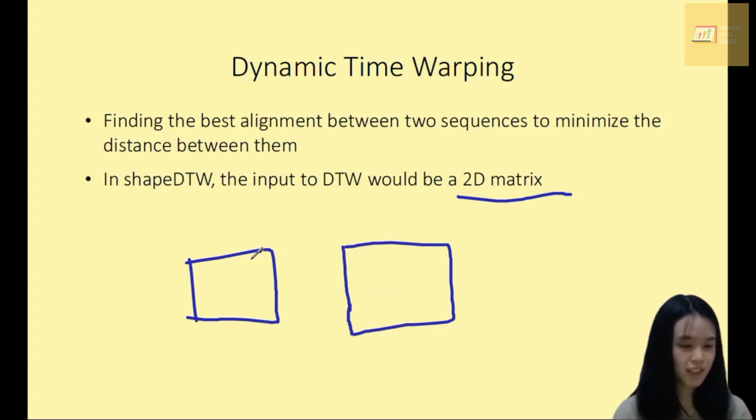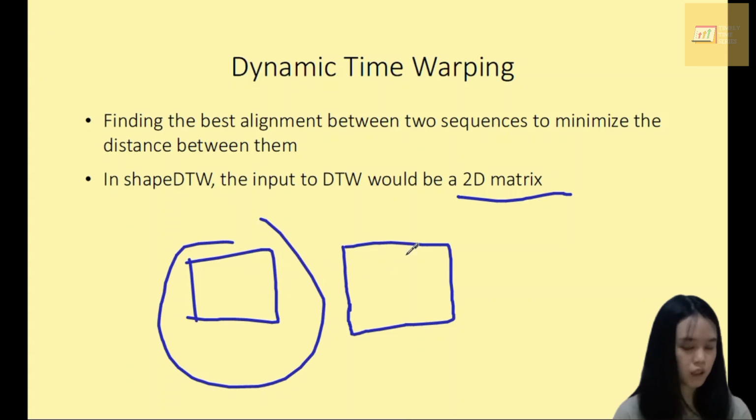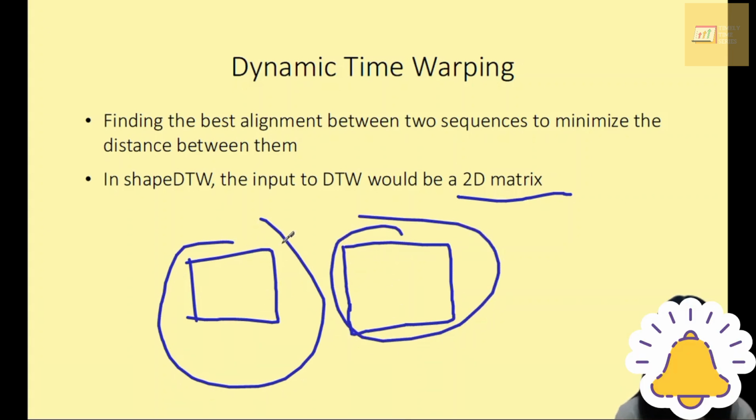Let's just assume that these two have the same dimension, okay? Actually, the dimensions of these matrices don't have to be the same. The total rows can be different, but the total columns have to match. Because the total columns in each matrix represent the dimension of the descriptor function output.